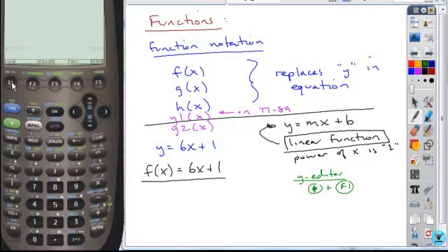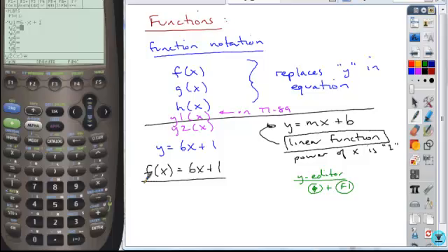So green diamond F1, that takes me to my y editor. So what I can do on that is type my equation into my y editor. So I'll type in 6x plus 1, hit enter. So now what you see is my y1 function represents this whole expression, 6x plus 1.